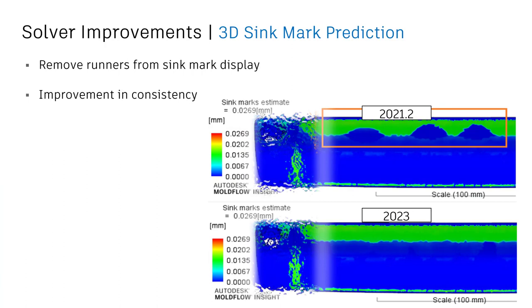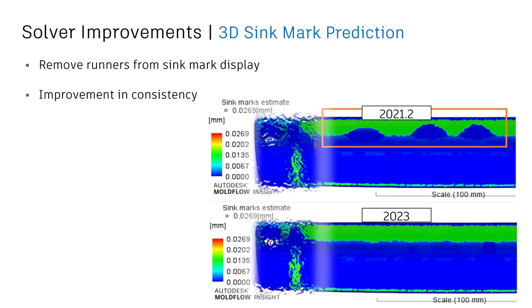Another solver improvement is in the 3D sink mark predictions. We've been consistently working on improving the results. From 2019, we were not able to predict the sink marks at the chunkier sections. It needed only a rib, and opposite to the rib only we were able to represent the sink marks.